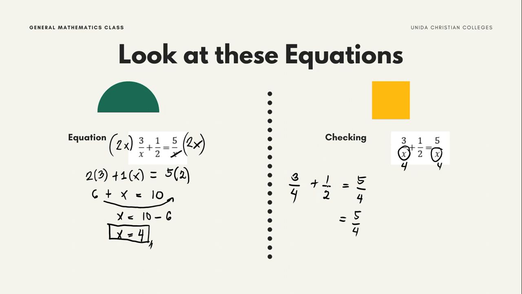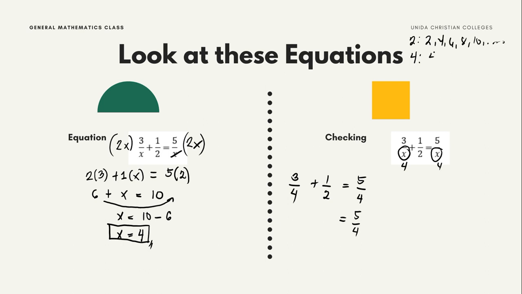So, we add the fractions, and they have different denominators. So, first, find their LCD. To find their LCD, we list their common multiples, 2 and 4. The least common multiple is what we will take, and that will serve as their LCD. So for 2, we have 2, 4, 6, 8, 10, and so on.